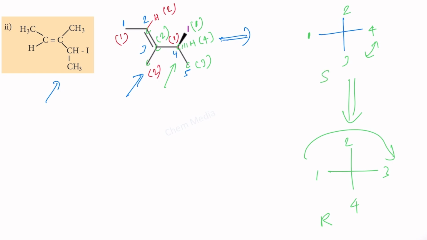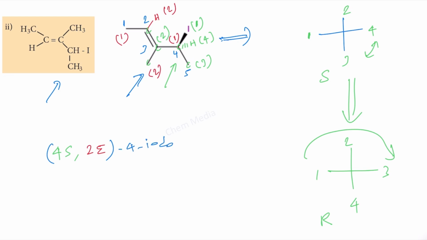That means the original one is S. Therefore the correct IUPAC name for this molecule is 4S, and then we need to mention the geometrical isomerism at position 2, that is 4S,2E, in parenthesis, and then 4-iodo-3-methyl-pent-2-ene. That's the correct IUPAC name for this molecule, including RS configuration at position 4.